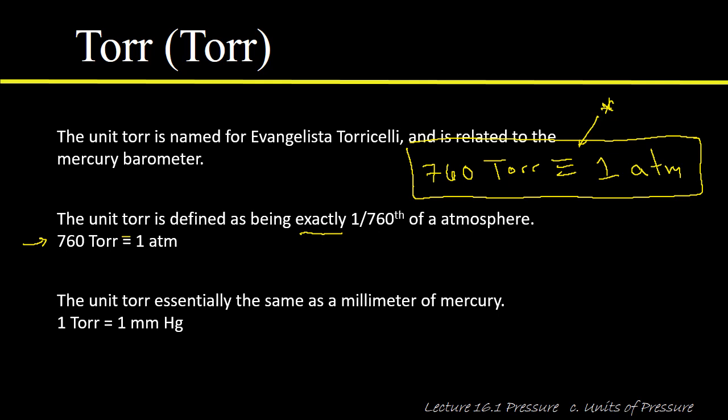The difference between them is something like 1/10,000th of a percent. So they're close enough that we can consider, for our practical purposes, that this is a perfect relationship. And anytime you're converting from torr to millimeters of mercury, you can simply say 1 torr is equal to 1 millimeter of mercury, and that's so precise that we can consider it to be perfectly precise.